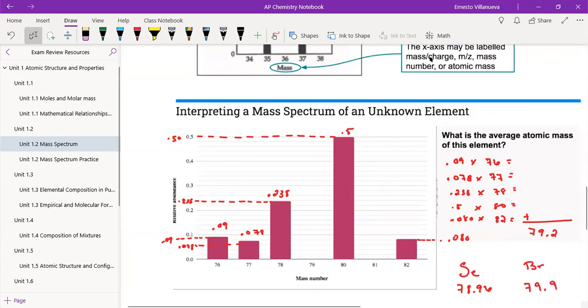If you go before selenium, you have arsenic, which is sitting right at 74.92. So obviously it's not going to be arsenic. Now you're left between bromine and selenium. Remember that you're going to have rounding error, so just pick the one that it's closest to. In this case, it's going to be closer to selenium.